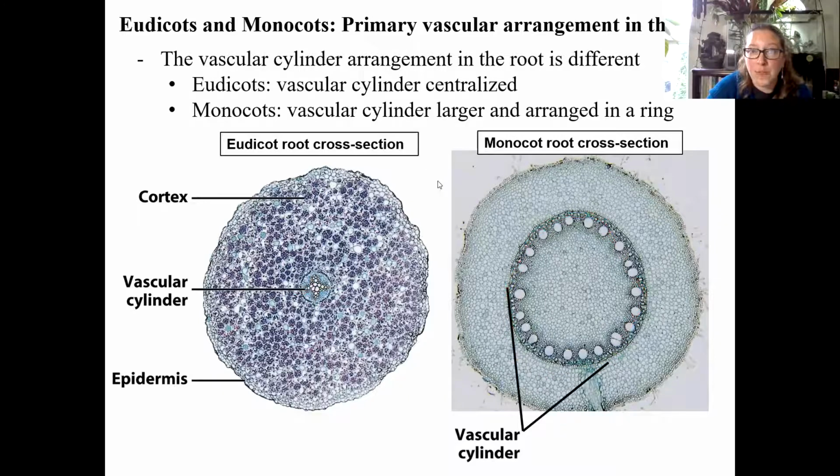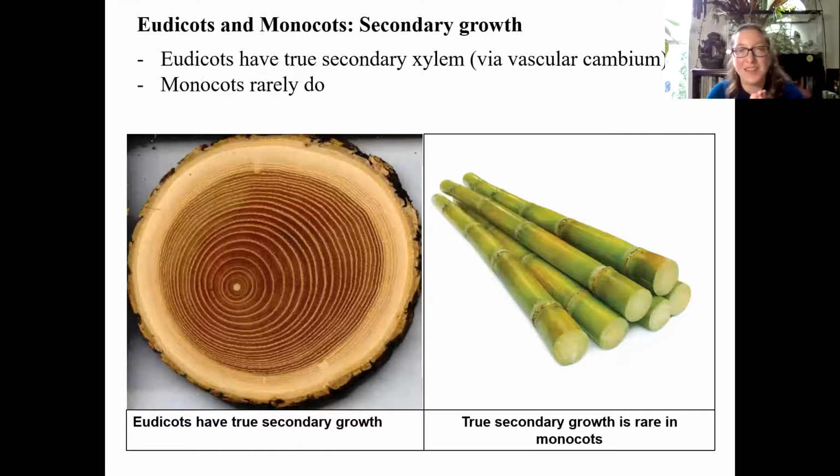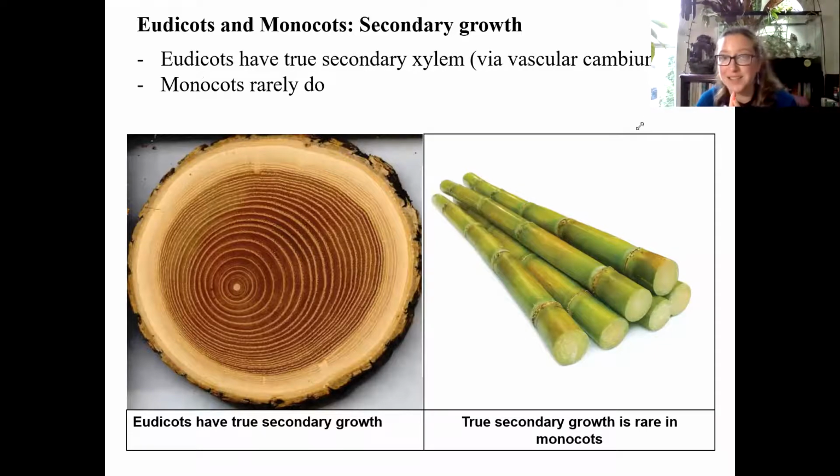All right, so those are the different ways. Another thing is that Dicots have true secondary xylem, which comes about via the vascular cambium, whereas monocots rarely do. Monocots, remember, are things like grasses, bananas, bamboo.